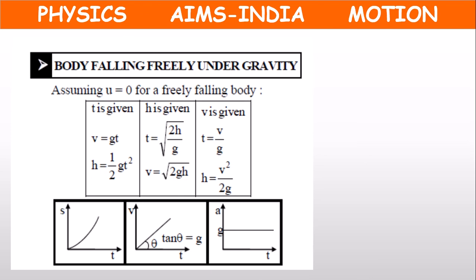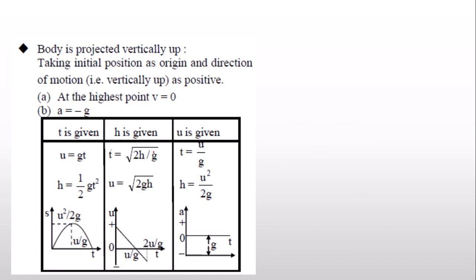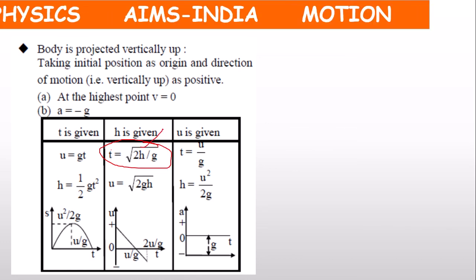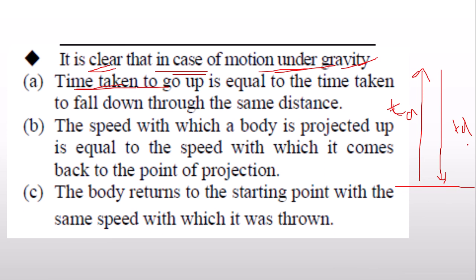While coming down, t equal to root of 2h by g. While going up, t equal to root of 2h by g for the same height. So time of ascent and time of descent will both be equal. Both can be represented with the same formula, t equal to root of 2h by g.